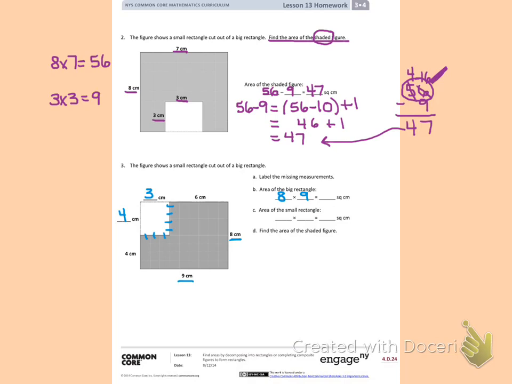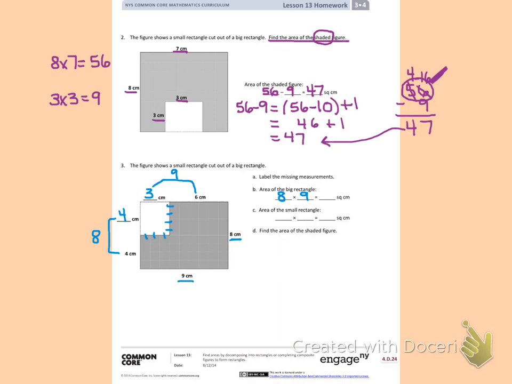Now, you're thinking to yourself, well, what about the other two sides? They have 2 sets of numbers. Well, if you look at this side, there's a 4 and a 4, and that makes 8, which is the same as the other side. And on the top, it has a 3 and a 6, and that makes 9, which is the same as the bottom.